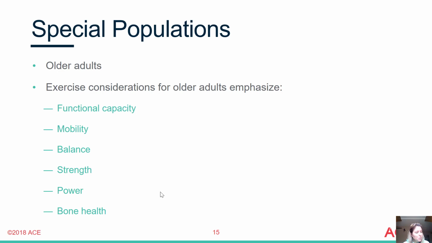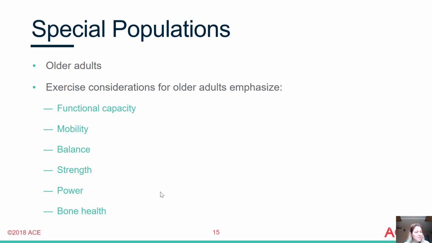Incorporate exercises and movement patterns that they can replicate on their own at home. So do things in class that they know that they can replicate and do at home on their own. Be mindful of older adults' ability to move quickly from the floor to seated or even up to standing positions. They take a little bit longer, so we want to make sure that we allow that time for them to move and transition into different positions.